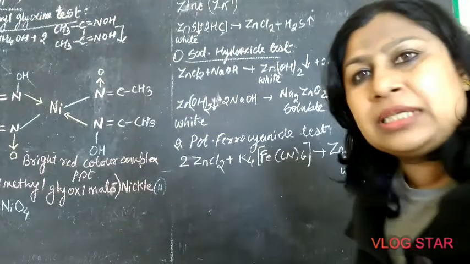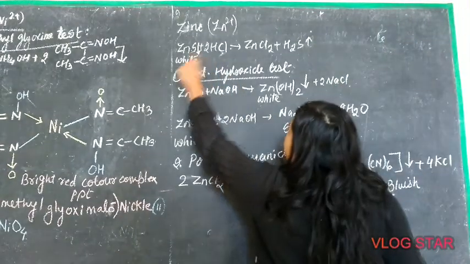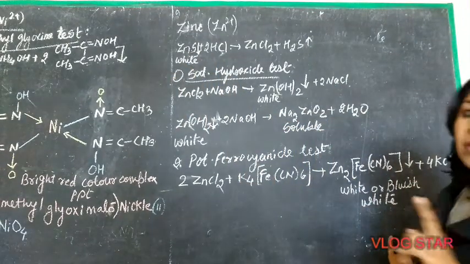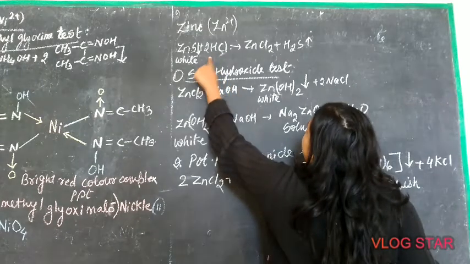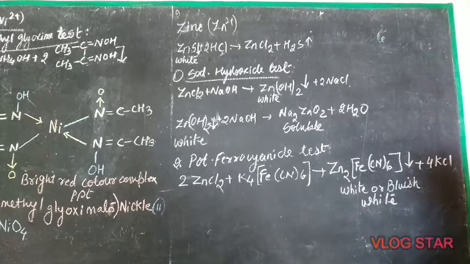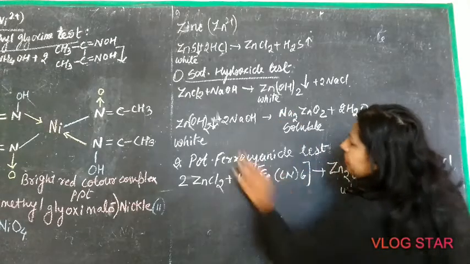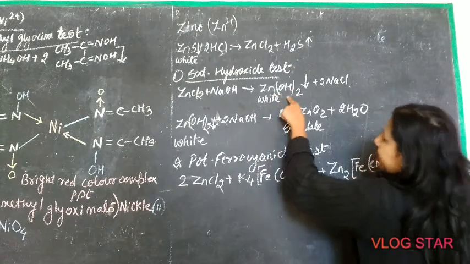Now children, the reaction for zinc, Zn2+. ZnS, that is the white PPT that we had produced in the preliminary test, plus 2HCl gives ZnCl2 and H2S is boiled off. Now sodium hydroxide test, ZnCl2 plus 2NaOH gives zinc hydroxide.